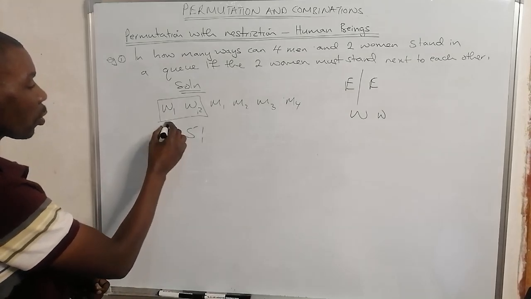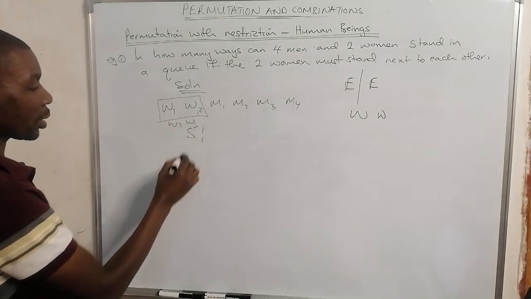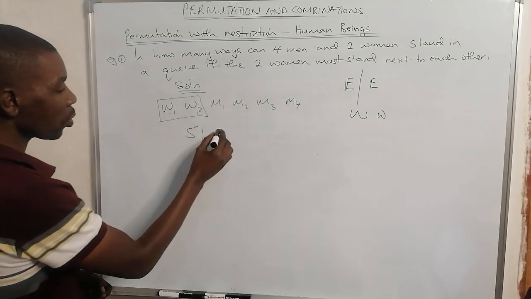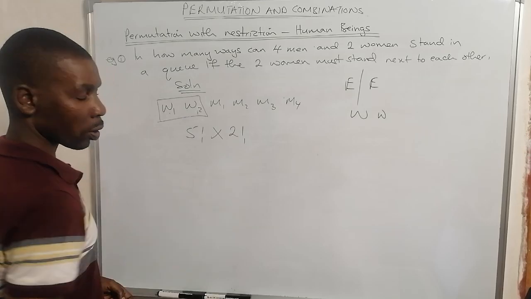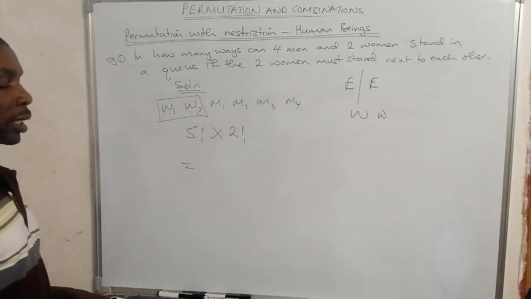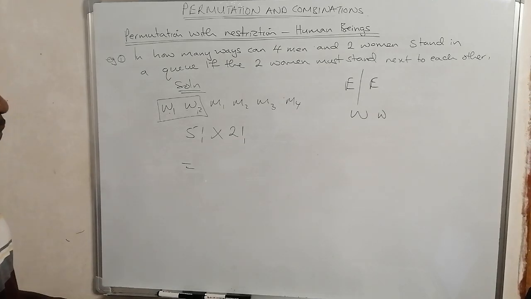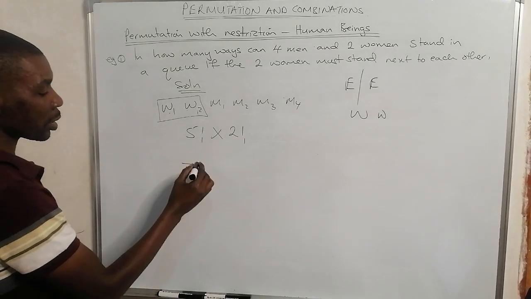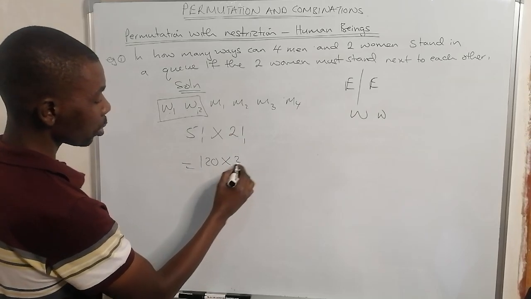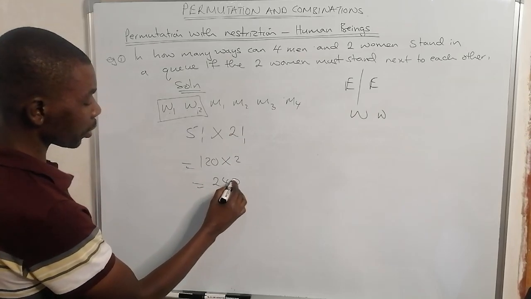Maybe it can be women 2, women 1. So the number of ways of arranging these women is 2 factorial. That will be 5 factorial times 2 factorial. 5 factorial is 120, times 2 is 240.